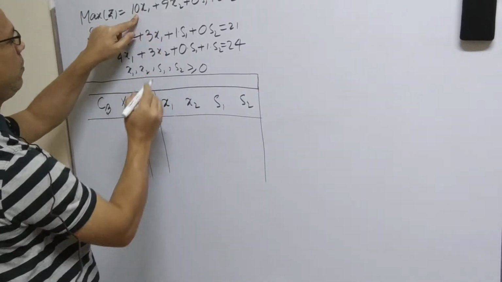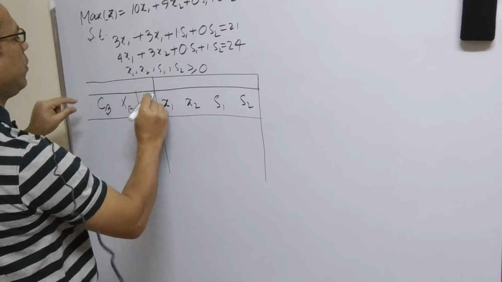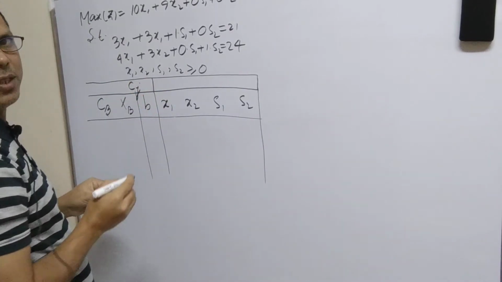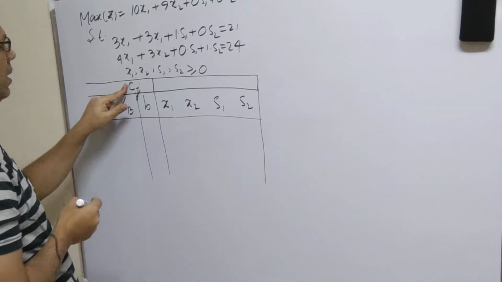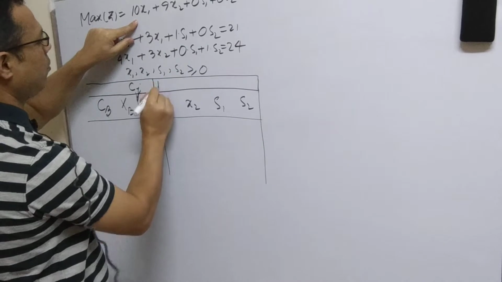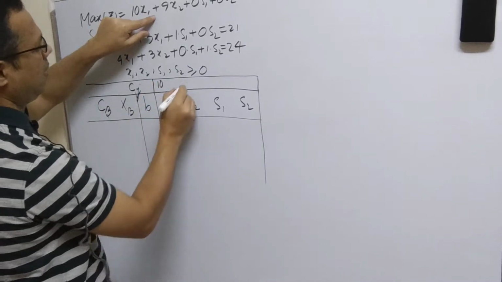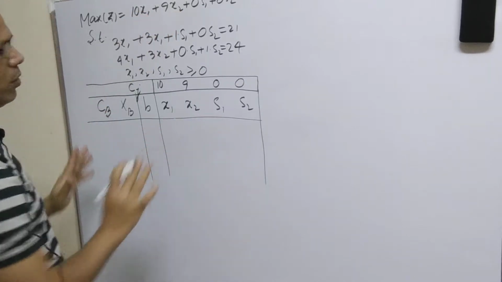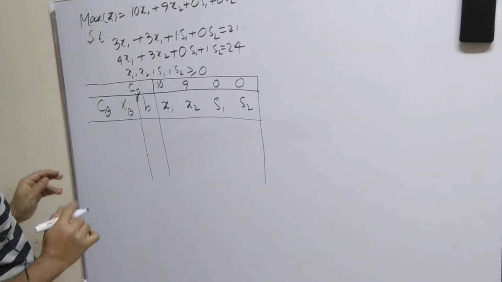The coefficients of the objective function are generally called Cj. Just remember Cj is the coefficient of the objective function. Because it is 10x1, write 10 for x1, 9 for x2, 0 for s1, 0 for s2. We have just copied, nothing else.